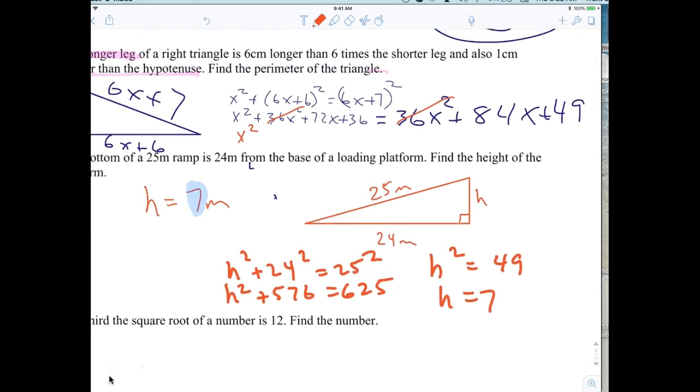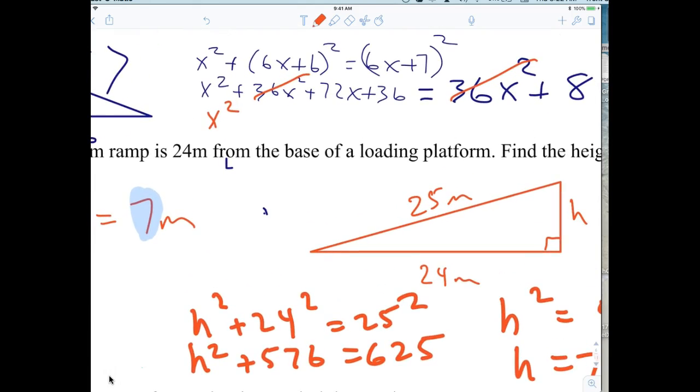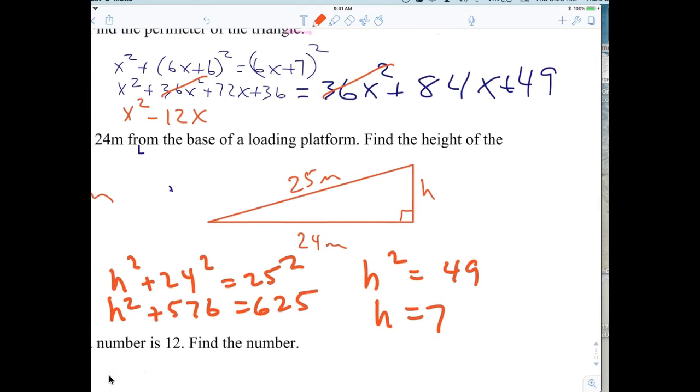So now I say x squared, if I subtract 84x, I get negative 12x. Then if I do 36 minus 49, I get negative 13. So x squared minus 12x minus 13 equals 0. Is everybody happy with that? Everybody good?